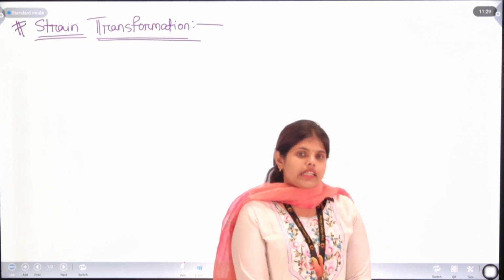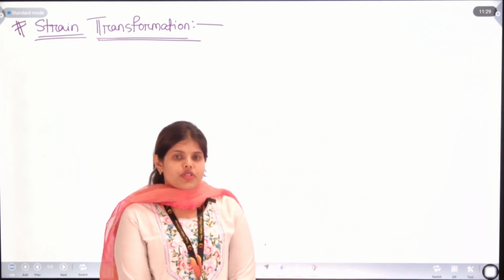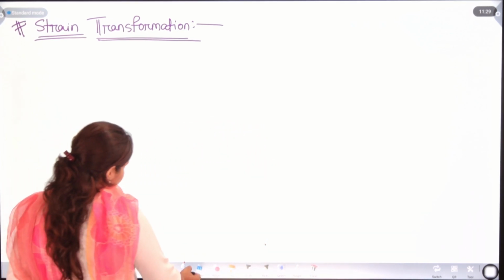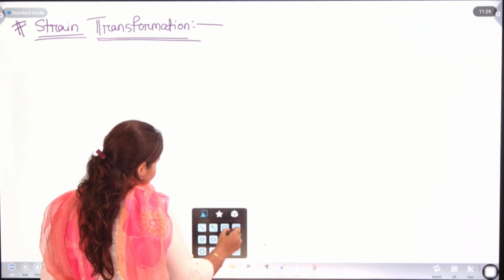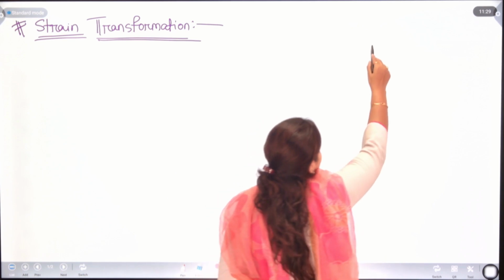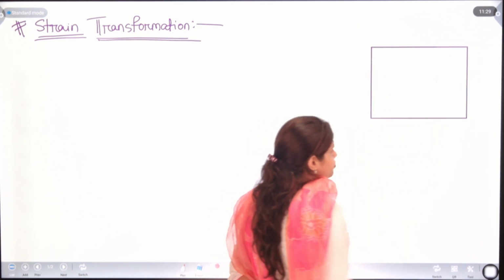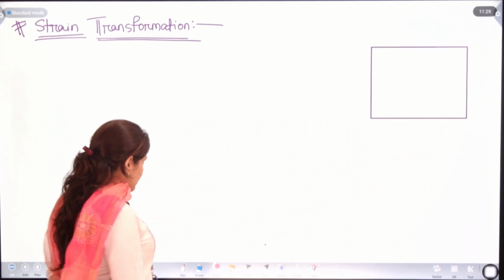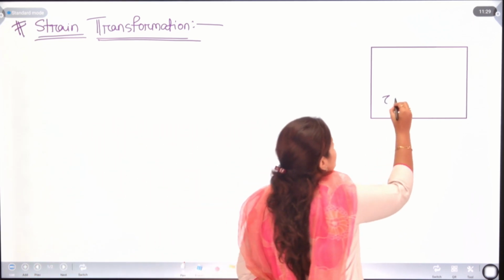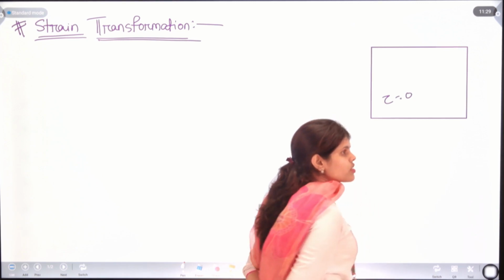So, in this class, we will discuss strain transformation in case of principal plane. We know that a plane is said to be a principal plane when there is zero shear stress. That means tau is 0 here. Tau is 0, that means shear stress is 0.